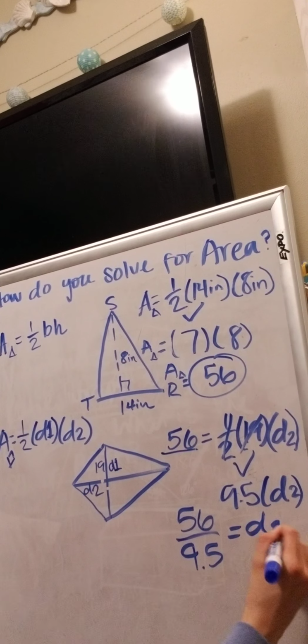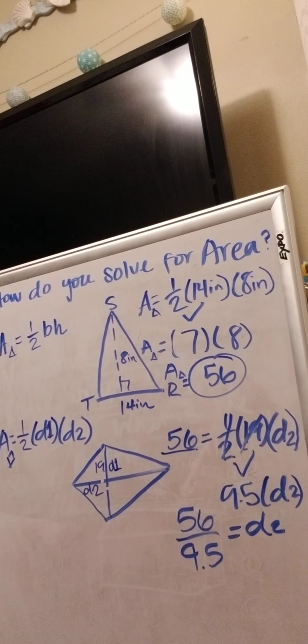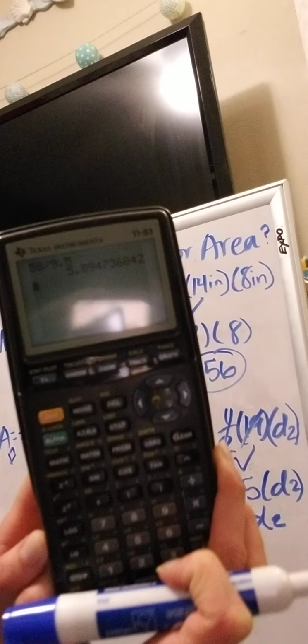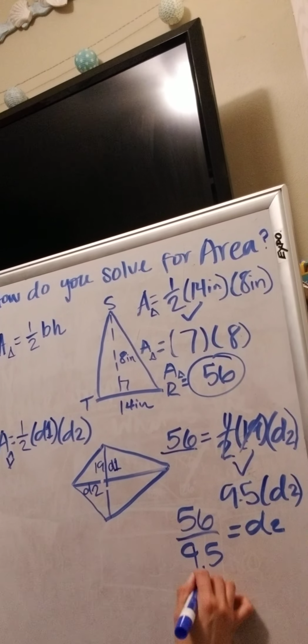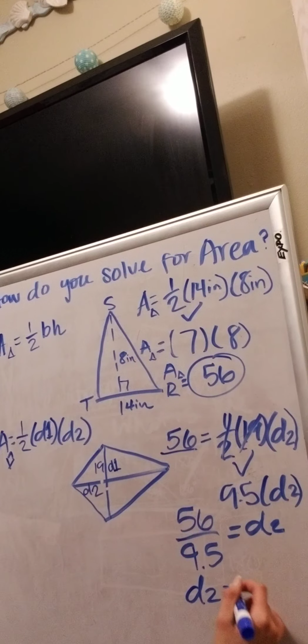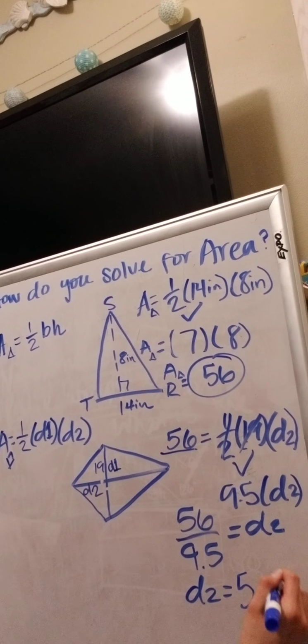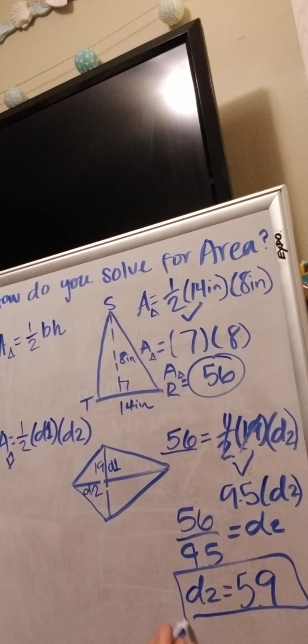It's going to equal our second diameter. 56 divided by 9.5, I'm doing this in my calculator, it's going to be 5.89. So diameter 2 is, we're going to say, 5.9. So there we go, we just solved for a different part instead of the area.